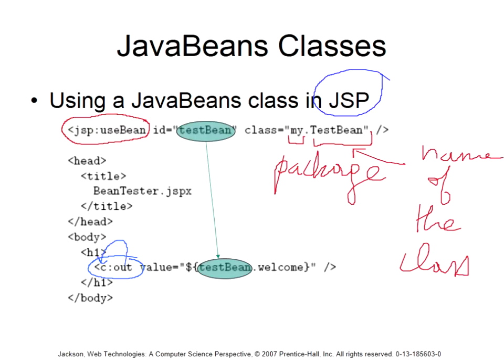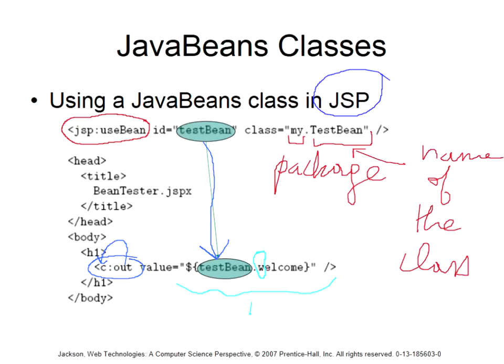Out is a tag in JSTL to display, like out.write. After that, value equals ${testBean.welcome}, where testBean is our instance. Welcome with a W that is not capital, a small letter.